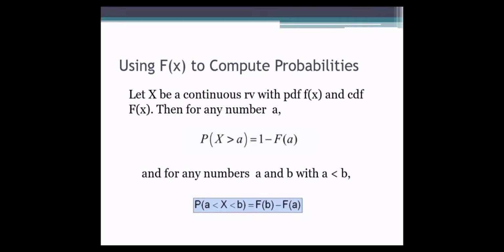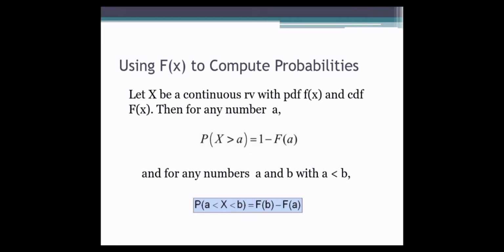So, using F of x to compute probabilities, let x be a continuous random variable with probability density function f of x and CDF F of x. Then for any number a, the probability x greater than a is equal to 1 minus F of a.